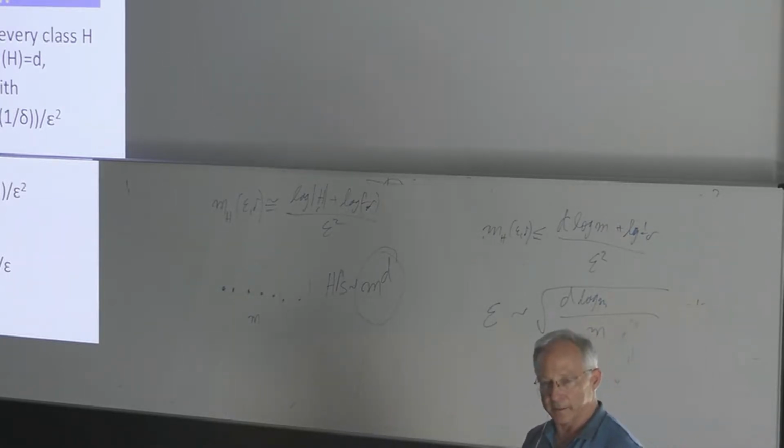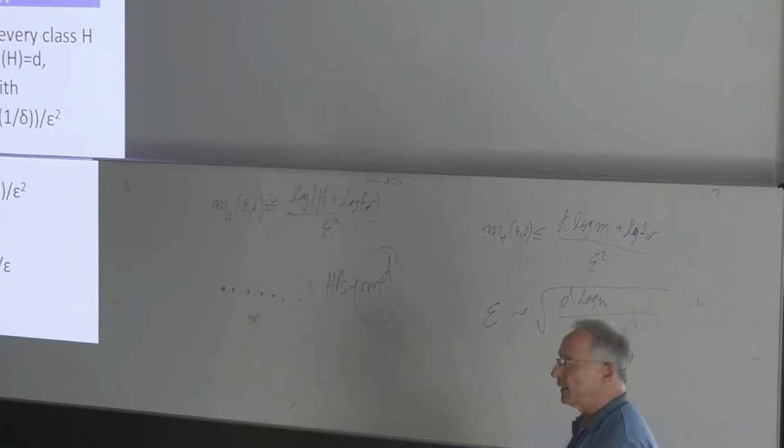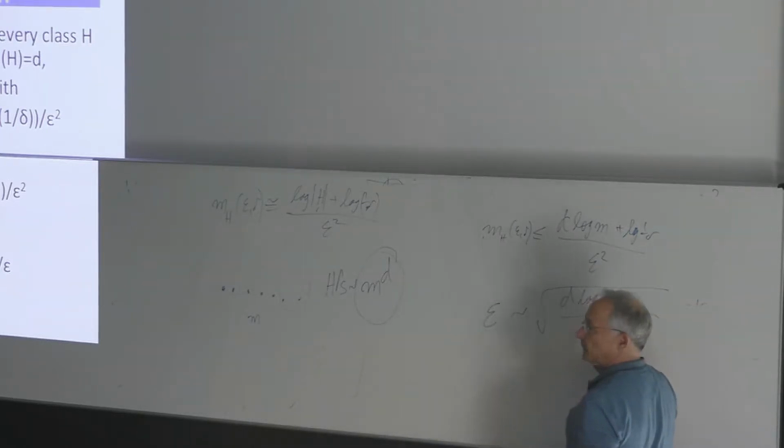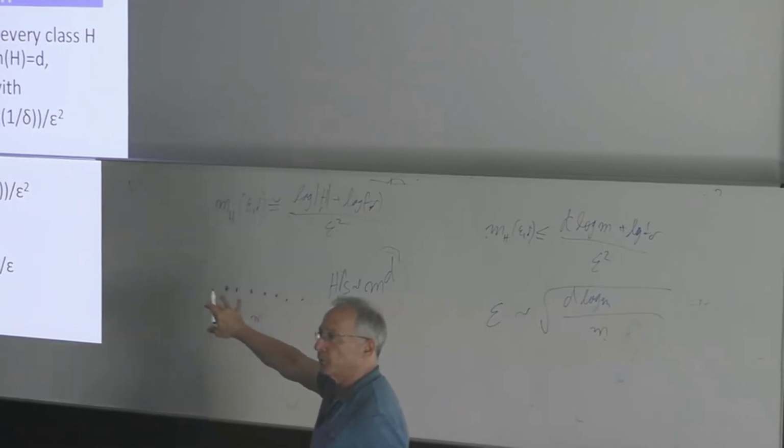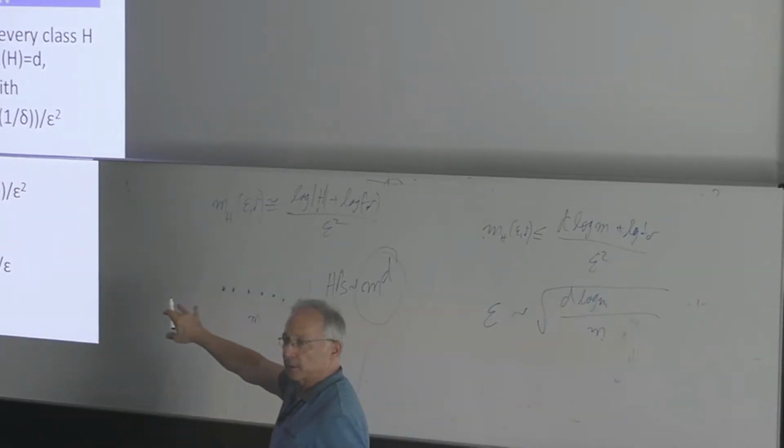It tells me that if the class has finite VC dimension, the number of behaviors on the sample is only polynomial. So when I take the log, I get log m divided by m examples. The error will go down as m grows. Okay, so that's basically the idea behind the proof of the connection between the VC dimension and learnability.